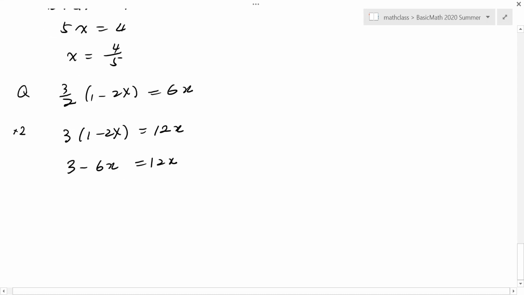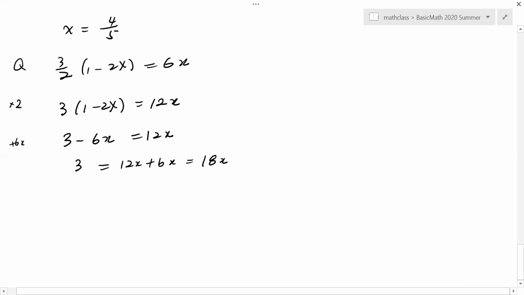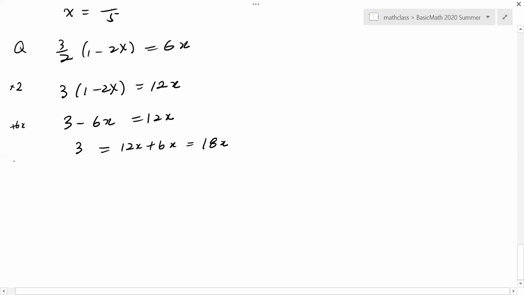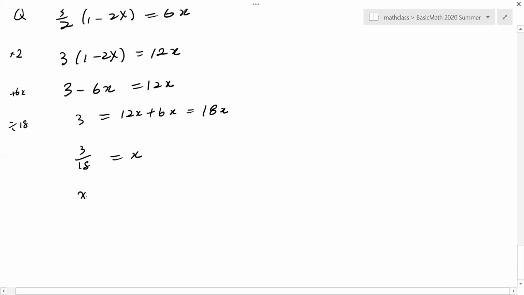I decided to keep x on the right-hand side, so I add 6x to both sides. So I get 3 equals 12x plus 6x, which is going to be 18x. Then I divide both sides by 18. So it's 3 over 18 equals x. Then I can simplify it. 3 over 18 is going to be 1 over 6, right?